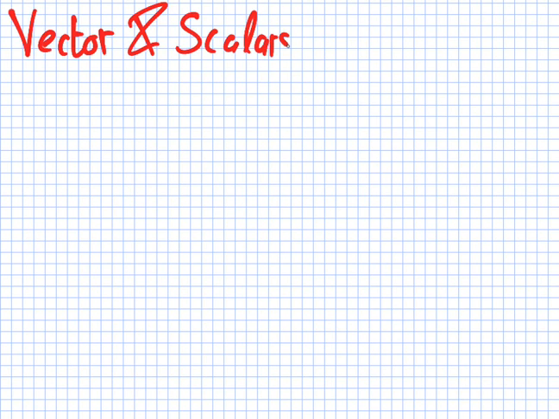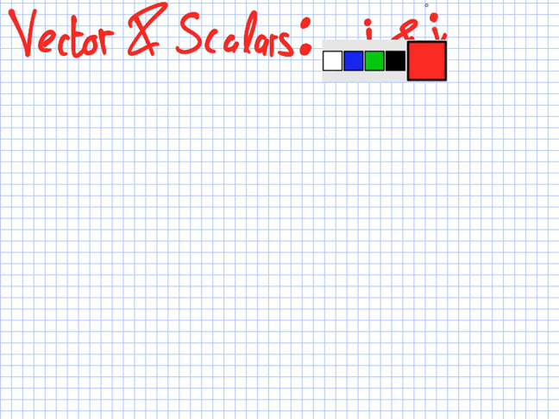Vectors and scalars again. Next part. And the name of the lesson is, I'll just call it I and J. Okay, so it is not convenient to have to draw every single time.